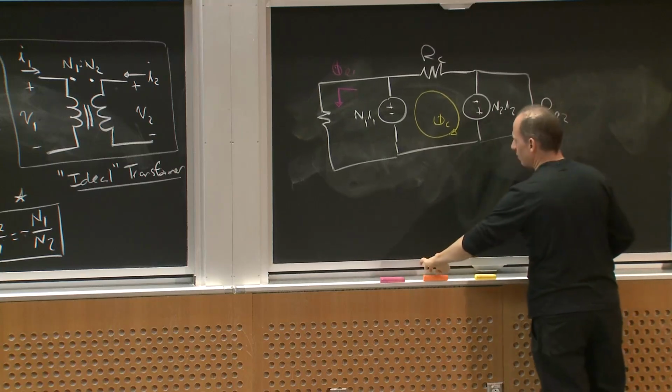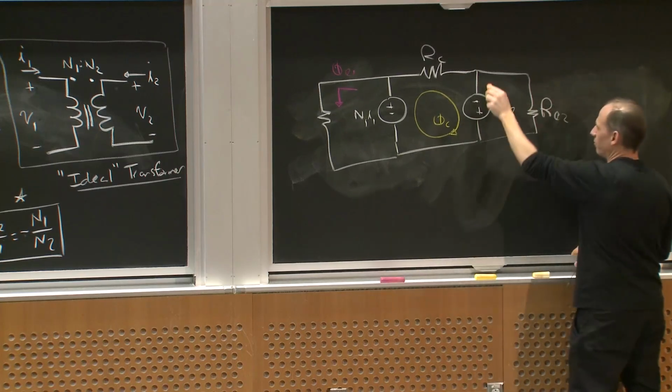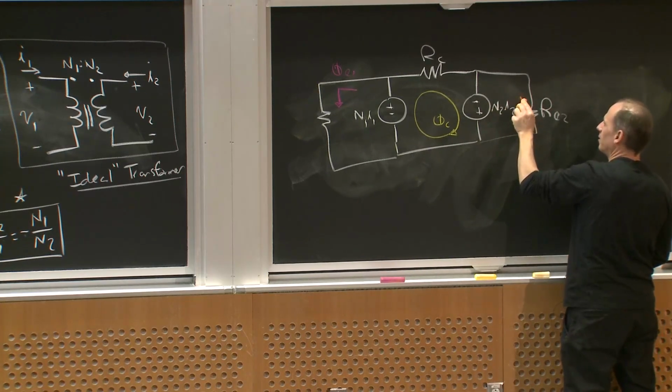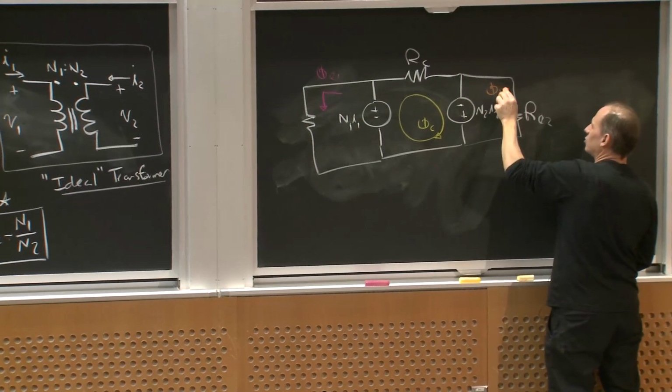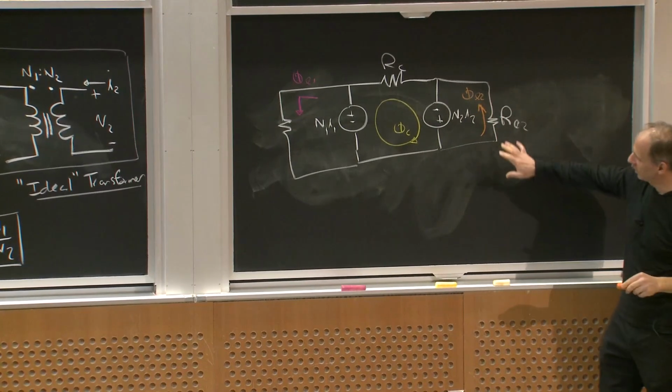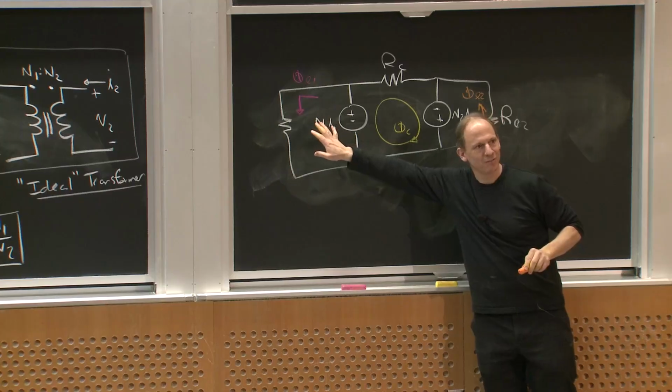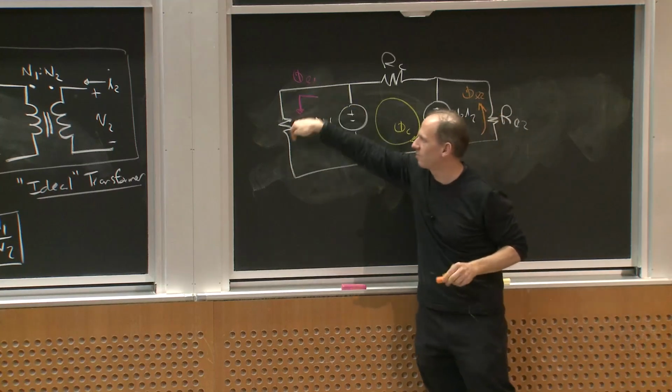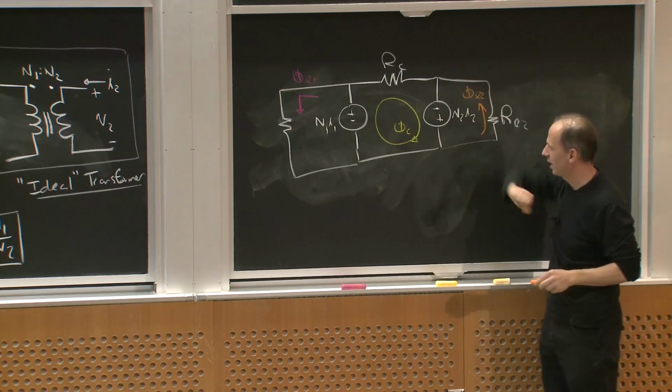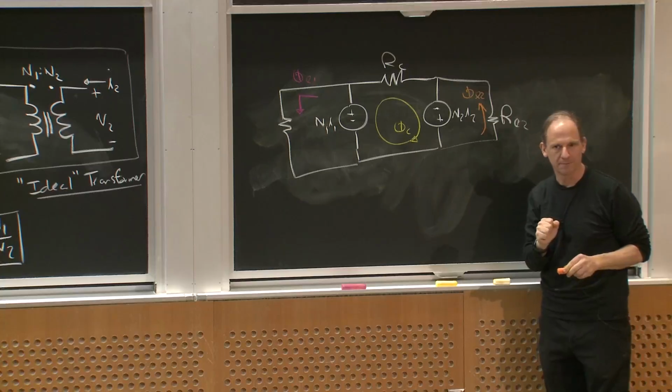Flux may come down here and return up here, and I'm going to call that phi leakage 2, okay? So this is my extended magnetic circuit model, accounting for the fact that there's other paths for flux to flow and not link the two windings together. Any questions about that?